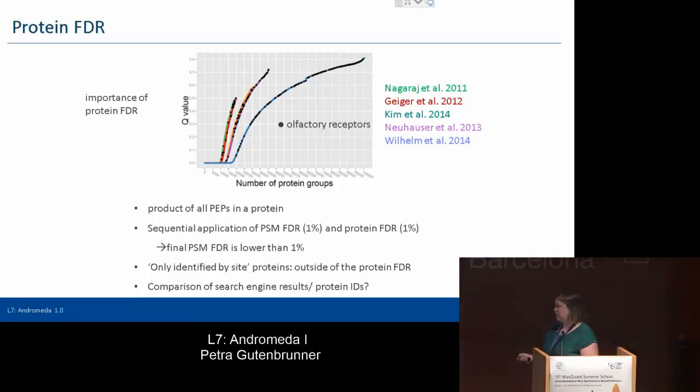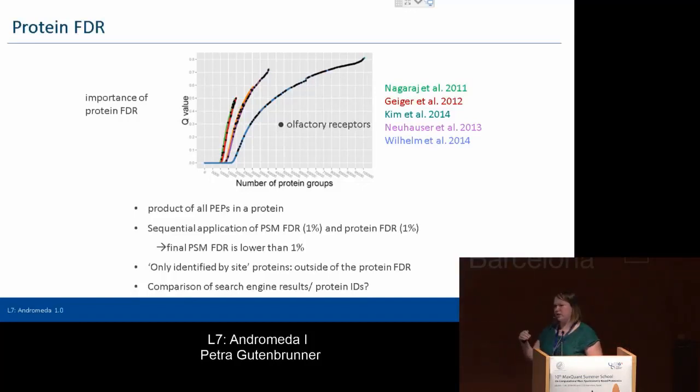And then there is another column in the output file of the protein groups. When you are interested in phosphorylation, for instance, we also offer the proteins that are only identified by sites.